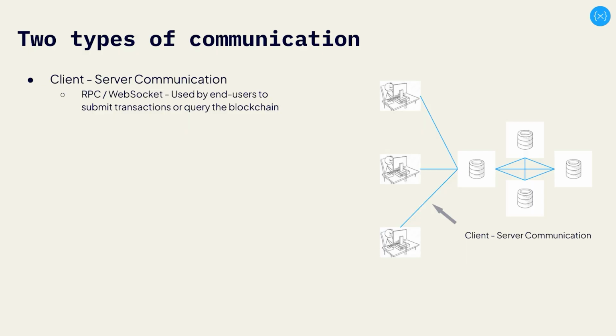Before we jump into our next topic, let's give a little bit more context about what we are going to talk about specifically today. There are two types of communications that happen in a blockchain. First are the client to server communications. These are RPC calls, WebSockets used by end users, such as me and you, to submit transactions or query the blockchain.